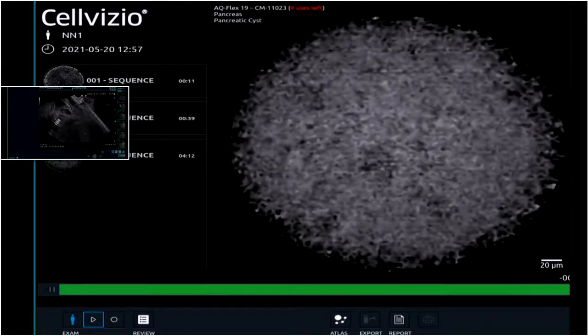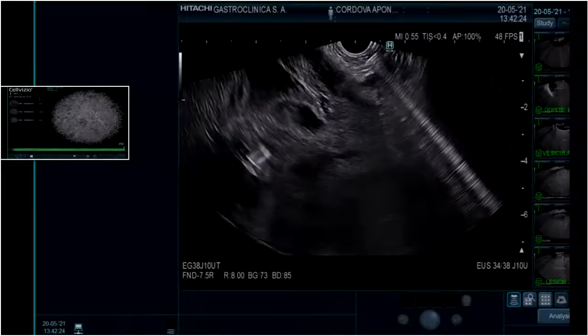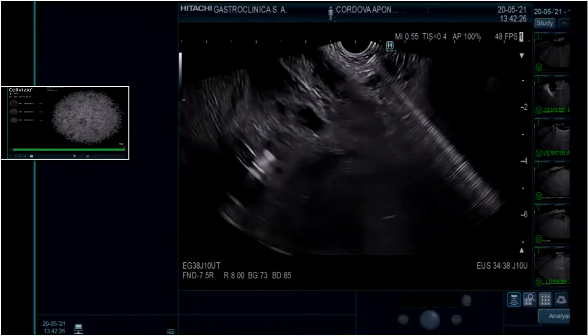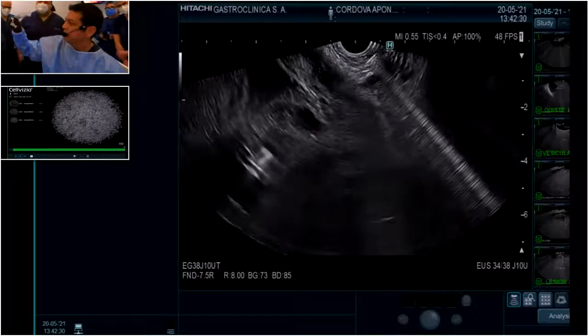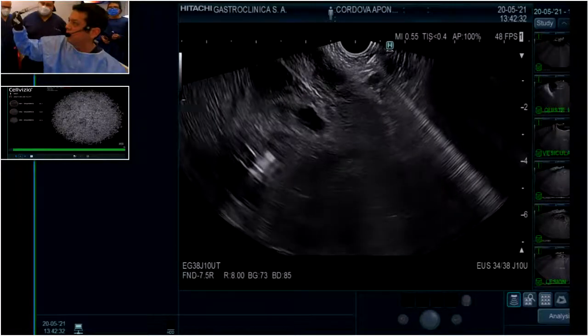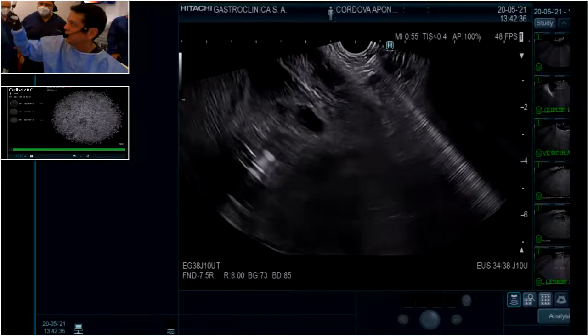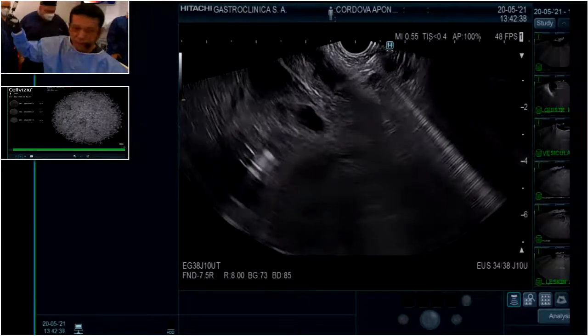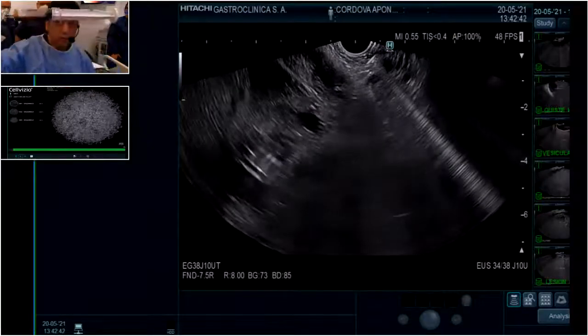So this is a pseudocyst. This is not blood. This is the continue, yeah, liquefaction. So now we will change our treatment, and we will do a drainage. So look here.